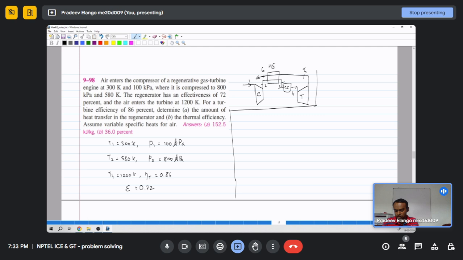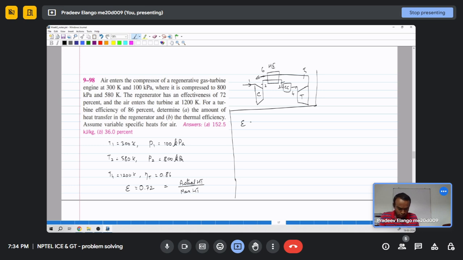Okay, T3 is not known. If we find T3, then we can calculate the amount transferred to the regenerator, right? The effectiveness can be defined as the actual heat transfer by maximum heat transfer.